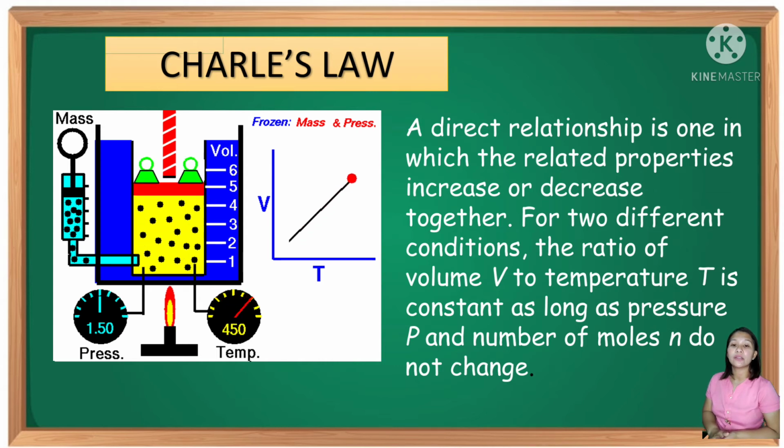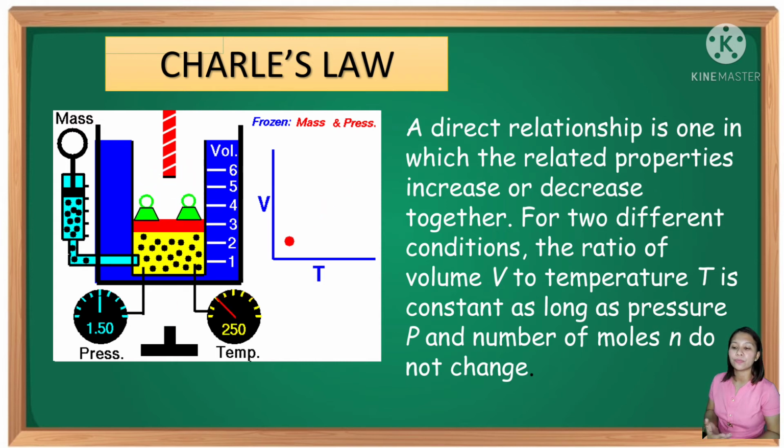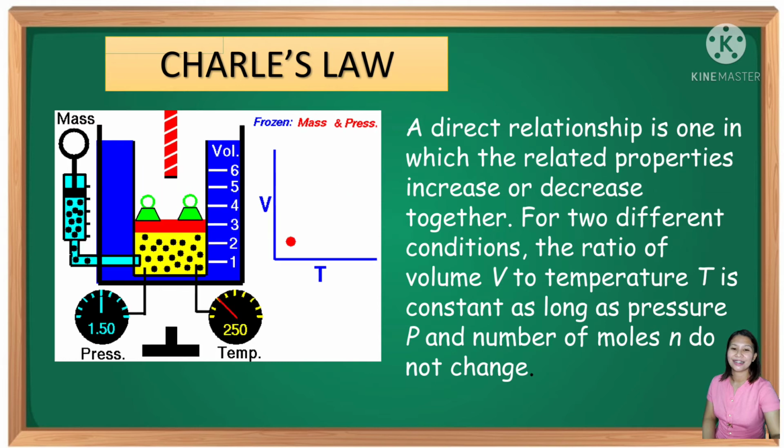A direct relationship is one in which the related properties increase or decrease together. For two different conditions, the ratio of volume, V, to temperature, T, is constant as long as pressure P and number of moles n do not change.